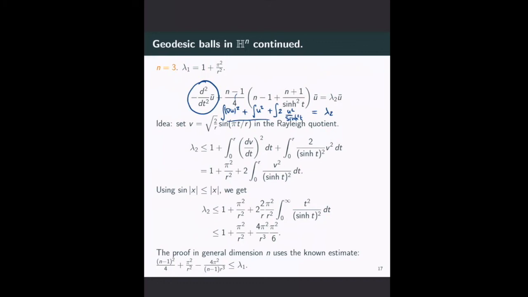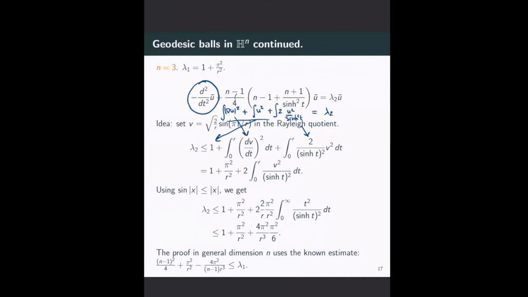You get, this guy gives you 1. This guy got this one because I put in v, and this one gives me this one when I put in v. So the integral of gradient v square is pi square over r square. That's a simple integration.